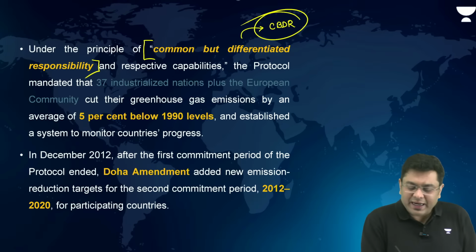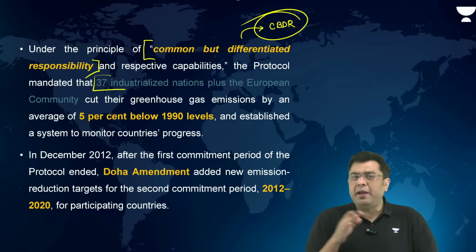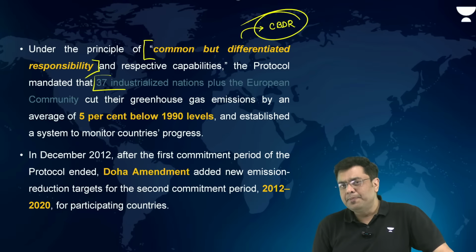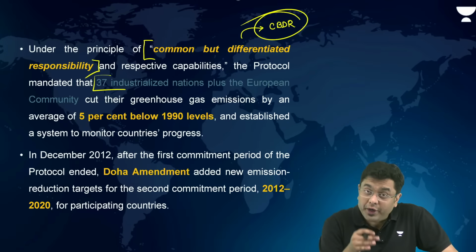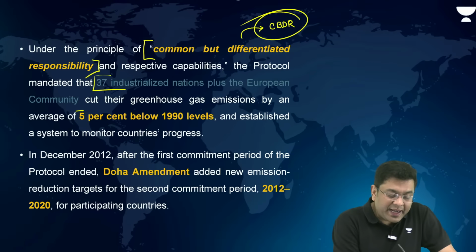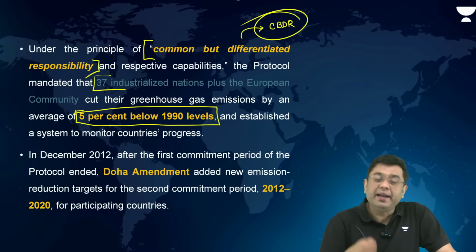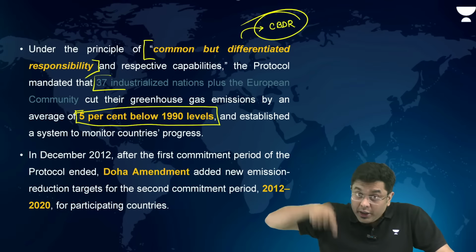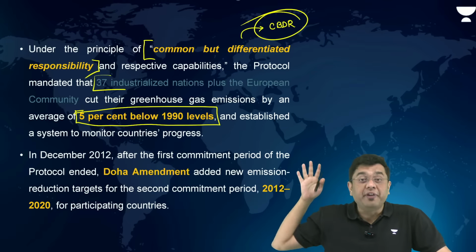Now here, 37 industrialized nations plus the European Union were assigned a target. Target of what? That you have to reduce the greenhouse gas emission by 5% below the 1990 levels. Whatever your emission was in 1990, reduce it lower than that by 5%.